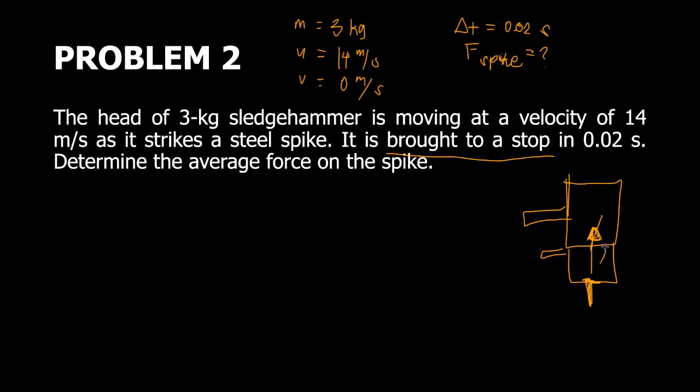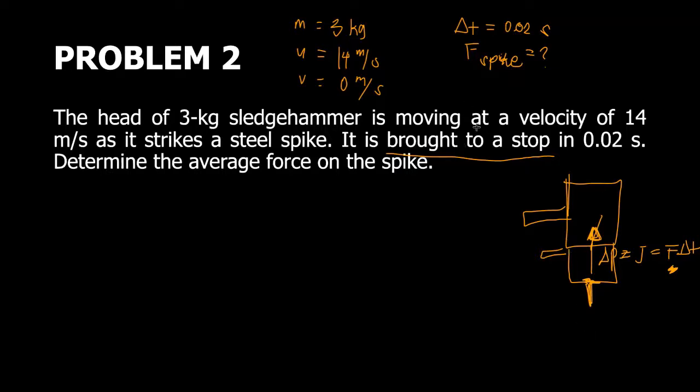So may siyang change in momentum. Therefore, this is also equal to its impulse applied on that object, which is equal to the force times the time interval. We have the force here. That is the force acting on the sledgehammer.